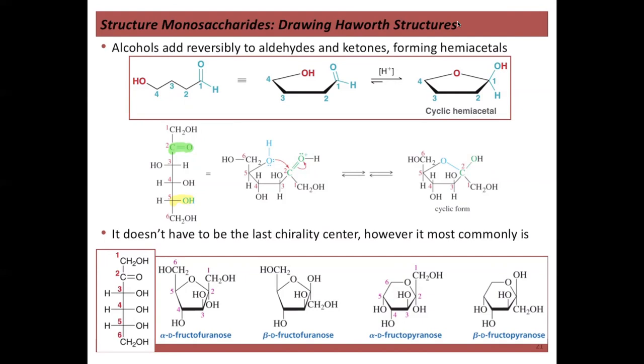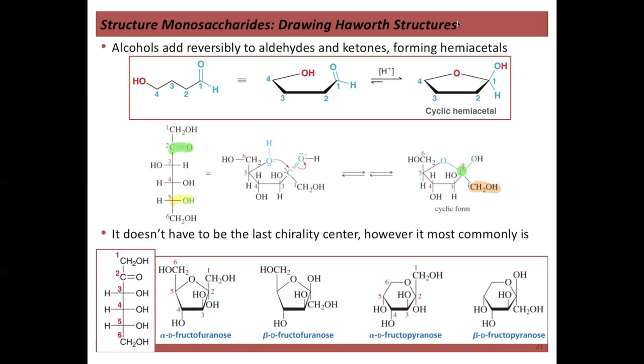hemiacetal. Now notice there's a very important difference that we see here between what we looked at when we had aldo sugars. And that key difference is off of the anomeric carbon, that carbon right there. Remember, the anomeric carbon is the one that's sharing a bond with two oxygens.